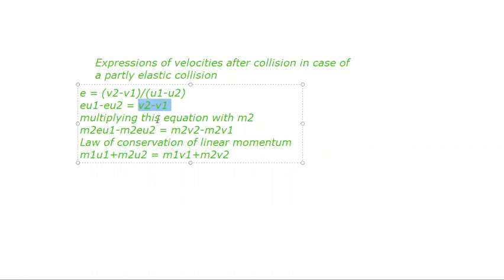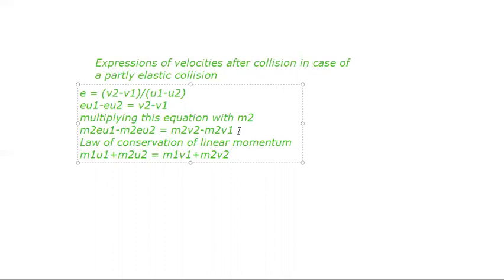If you multiply this with M2, you get M2 v2 minus M2 v1, and you have M2 v2 here also, so it can be removed from the equation so that you can easily find v1. Understood? That's why I have multiplied it with M2.